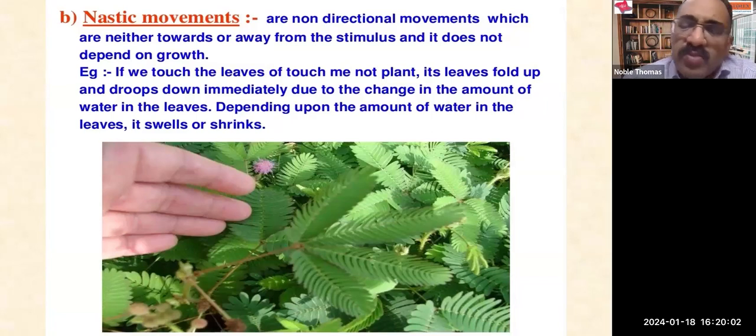It has a special gland-like structure at the leaf base, and when a touch is experienced in the leaves or any part of the plant, the water present in the leaf or the xylem in the leaf veins is withdrawn to the small gland-like structure. That results in low turgor pressure, the low water pressure in the leaves, and because of that the leaves close and fall down. That is how this happens in mimosa.